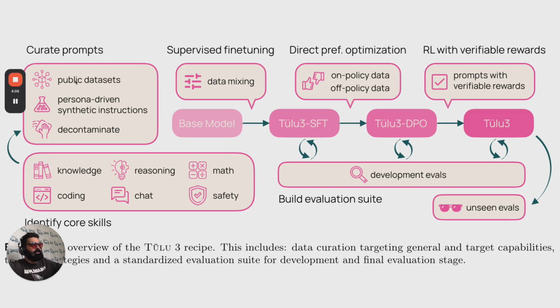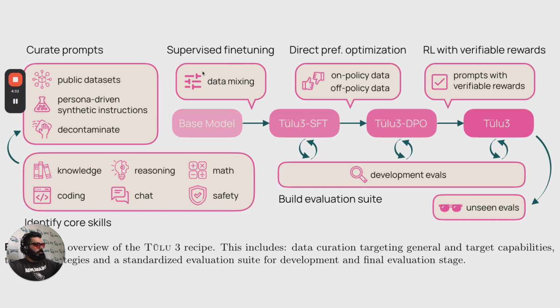They use public data sets. They have synthetic instructions with something called personas, which we'll talk about. And they are rigorously decontaminating their data sets so that the training set is not cheating on the evaluation set. Then we go into the actual training pipeline. So we have supervised fine-tuning, starting with a Llama 3.1 base model. That yields Tulu 3 SFT.